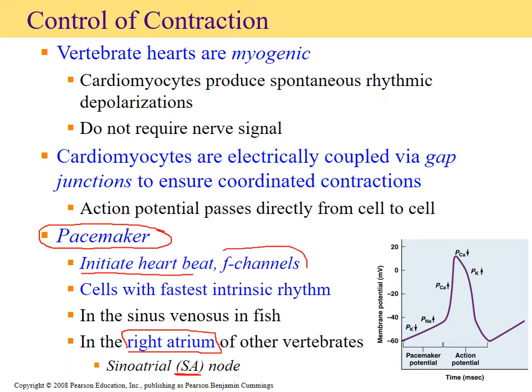And they can do so because they have lots of F channels. Remember the funny channels? When we previously talked about muscles, the funny channels basically mean that it can quickly depolarize the cell because it can fluctuate the sodium coming into the cell and its response to calcium.